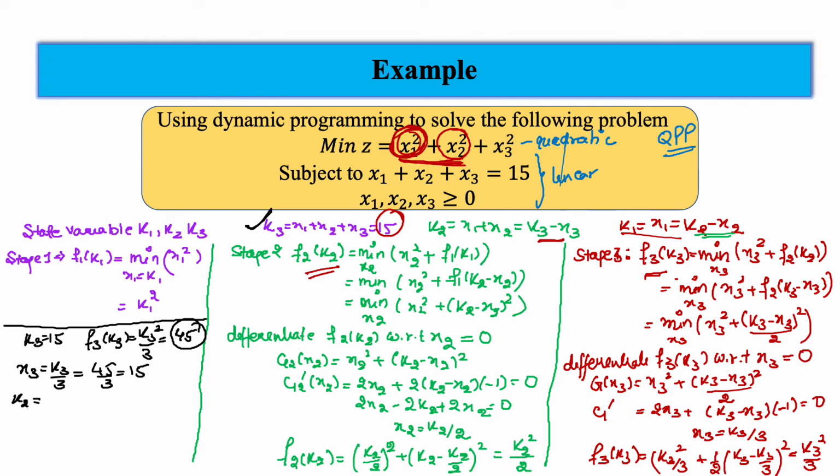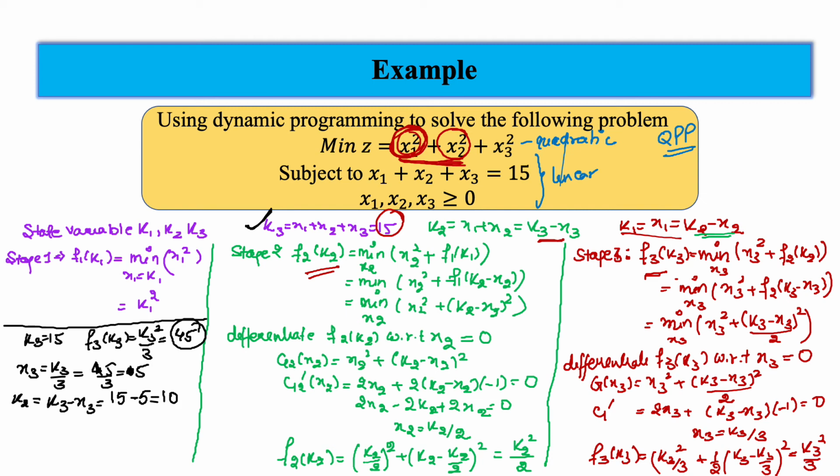What is the k2 value? k2 is k3 minus x3, that is 15 minus 5, which is 10.